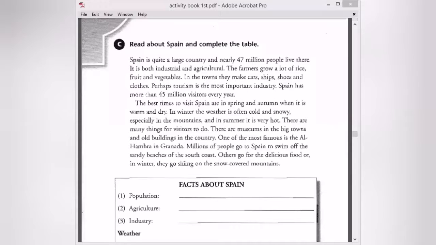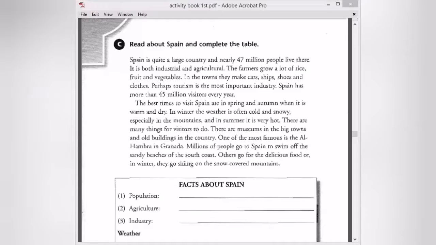The farmers grow a lot of rice, fruit, and vegetables. In the towns, they make cars, ships, shoes, and clothes. Perhaps tourism is the most important industry. What is meant by tourism? Siyaha.